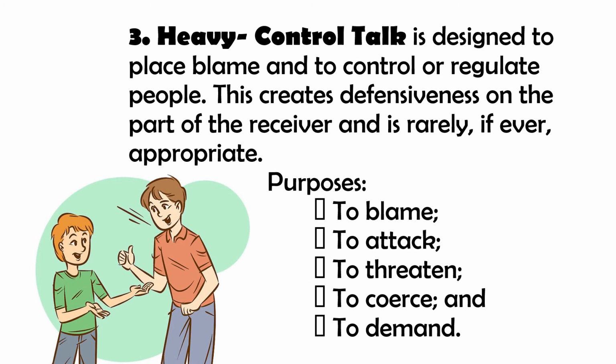Number 3, heavy control talk, is designed to place blame and to control or regulate people. This creates defensiveness on the part of the receiver and is rarely, if ever, appropriate. The purpose of heavy control talk is to blame, to attack, to threaten, to coerce, and to demand.